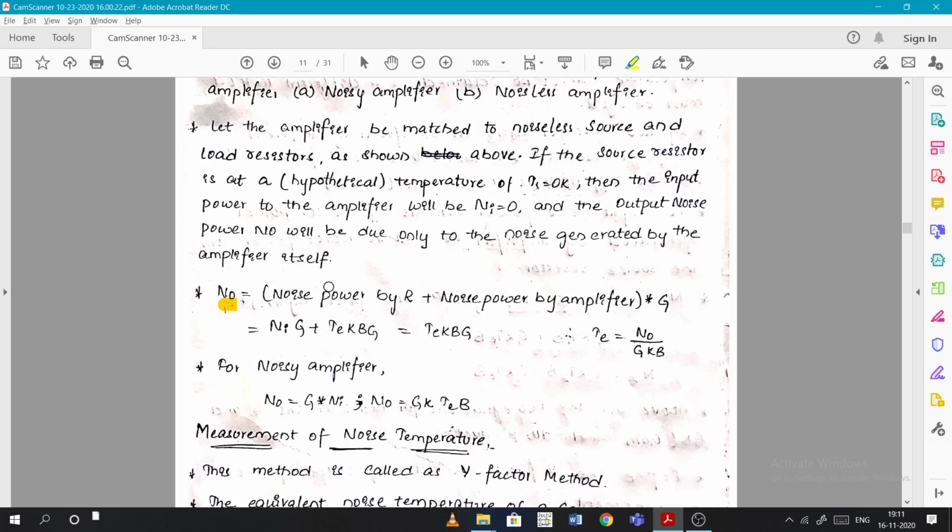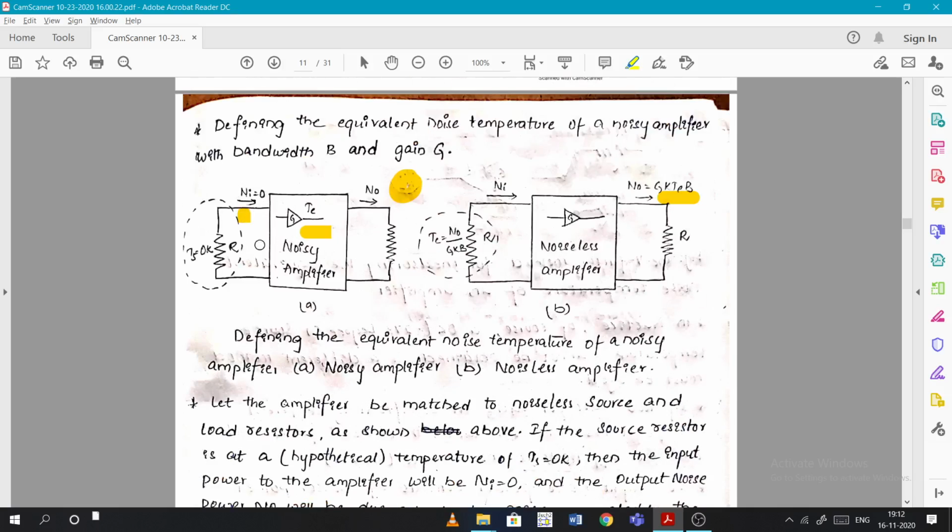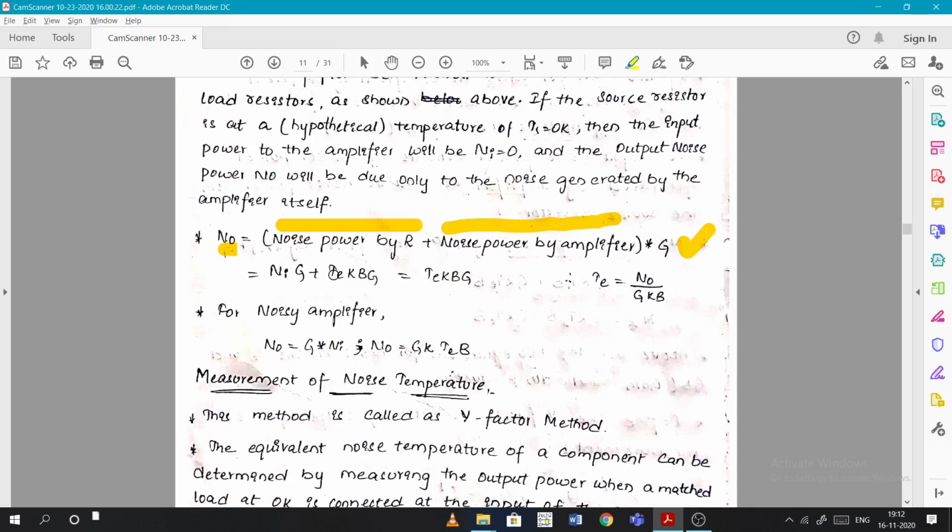The total effective output can be written as the noise power from the resistor plus the noise power from the amplifier, with the total multiplied by the gain. The noise input by the receiver resistor is Ni, so Ni into G plus TEKBG, because the noise power of the amplifier device is TEKB, and it is multiplied by the gain G. Here Ni is 0, so that term will be 0. We are left with TEKBG.